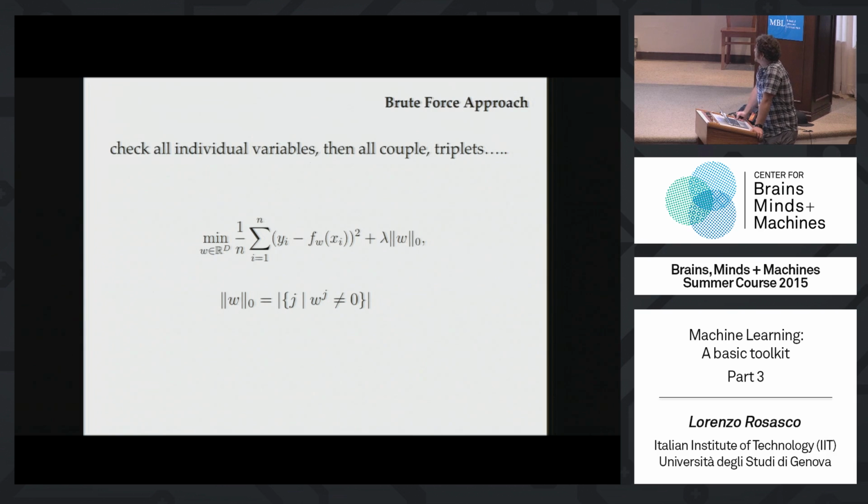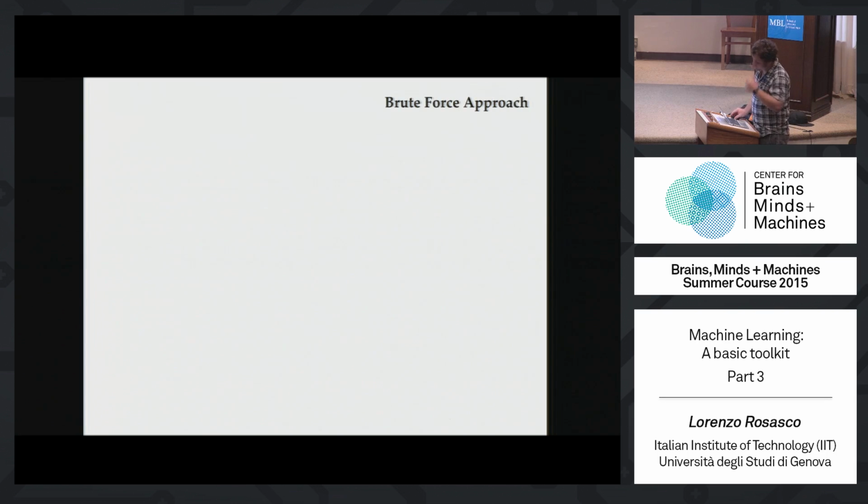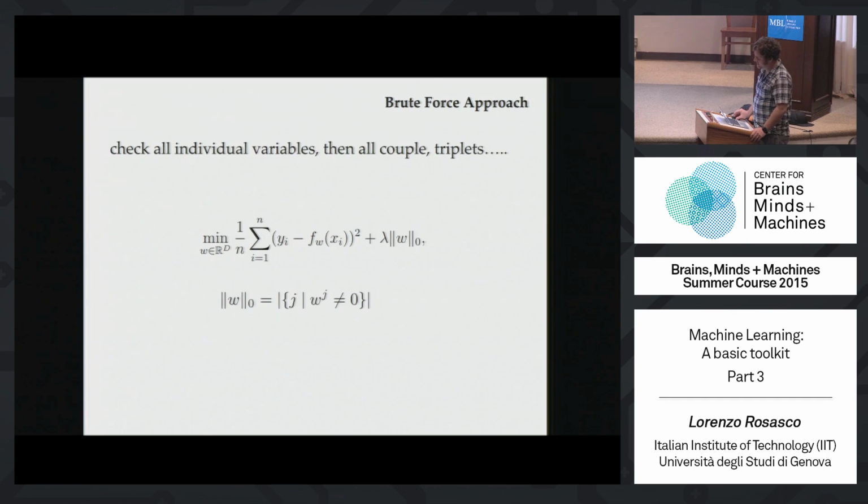So the problem we're concerned with now is, okay, now that we know that we might want to do this, how can you do it in an approximate way, okay? That would be good enough. And what does it mean, good enough? So the simplest way, again, we can try to think about it together, is a kind of greedy version of the brute force approach.